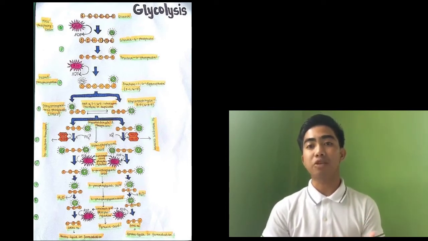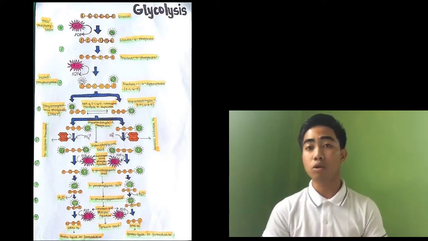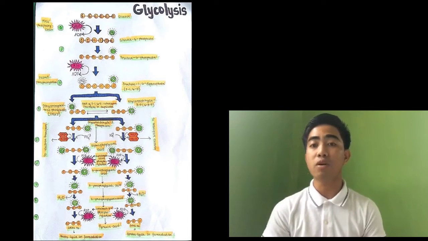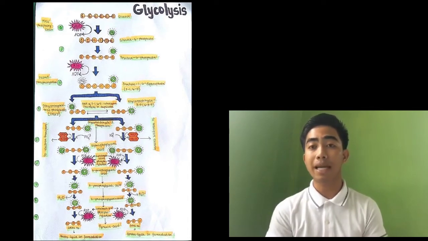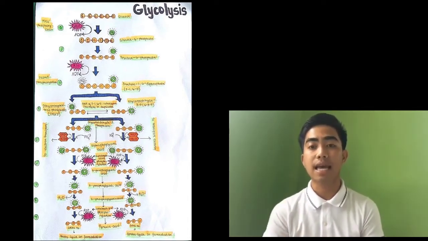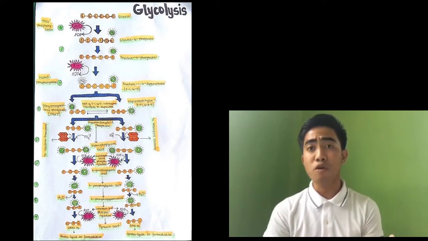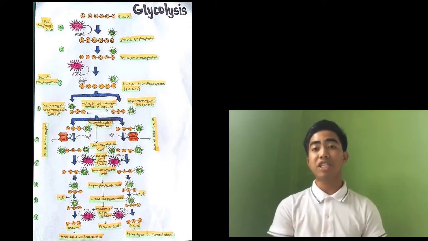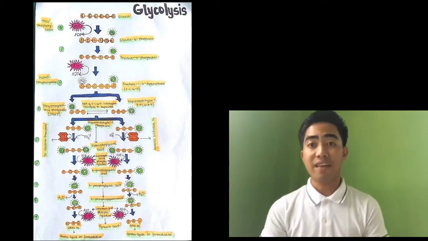That NADH will go to the electron transport chain. And it is also added with inorganic phosphate. We can see in the glycolysis diagram the PO4 3- at the top, which is called inorganic phosphate, and then it produces diphosphoglyceric acid because of the 2nd phosphate group being added. So that is what happens in step 5 of glycolysis.